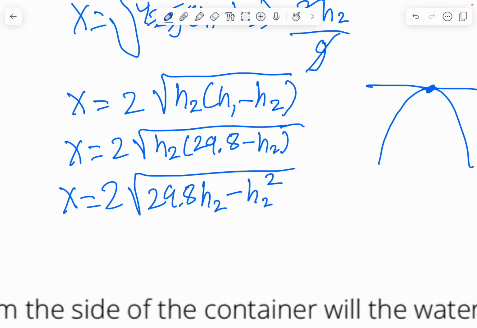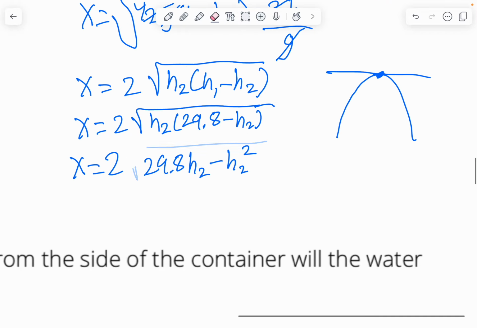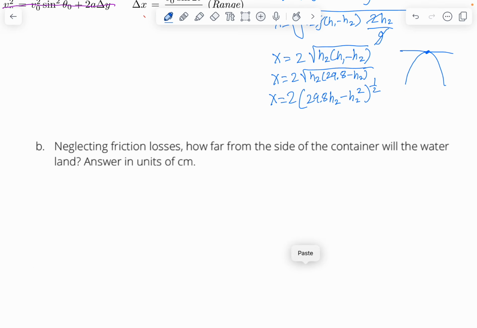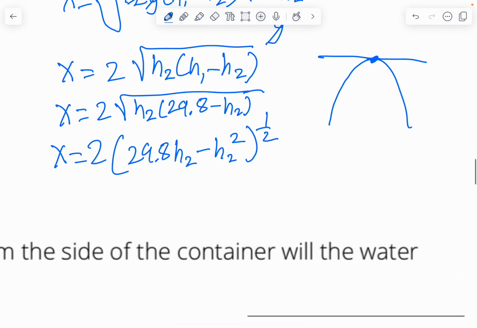So then I'll take the derivative with respect to h2. For the chain rule, instead of the square root, I'll put it to the power of 1/2. The first derivative of x is 1/2 times 2, which is 1.